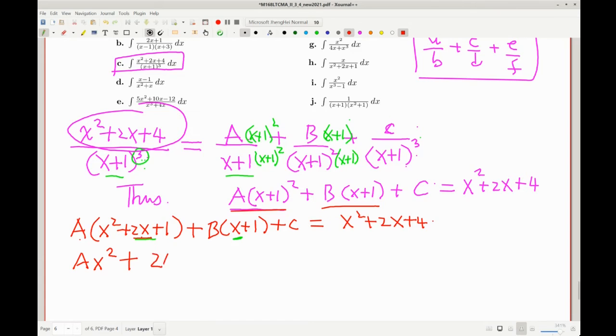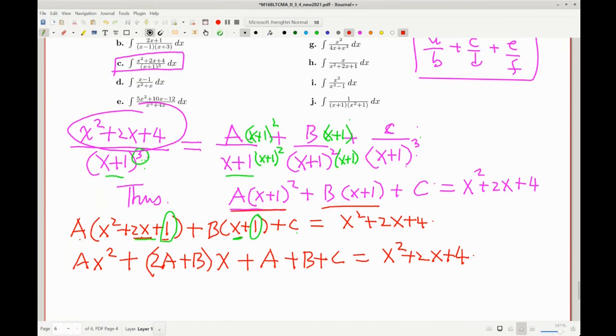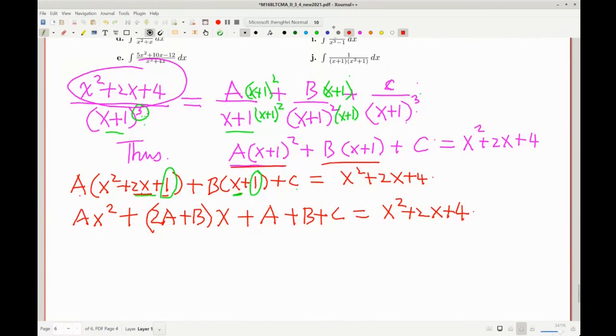So here I will have 2a plus b, and that will multiply the x. And then here I will have a times 1, b times 1, and c. So the constant coefficient there would be a plus b plus c. And on my right hand side, this becomes 2x plus 4. That's the idea.